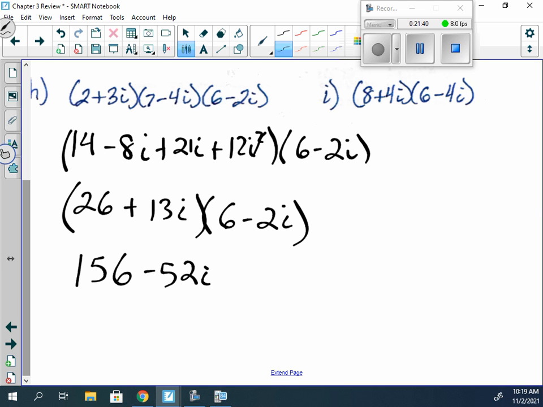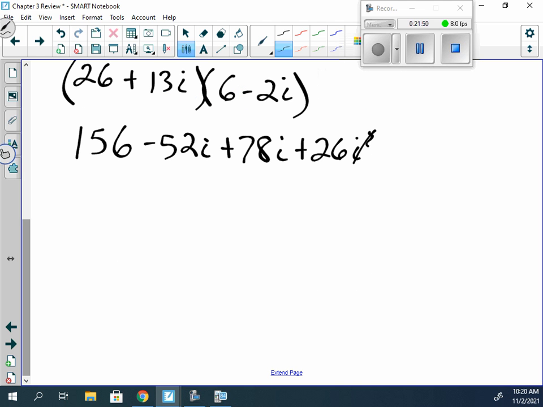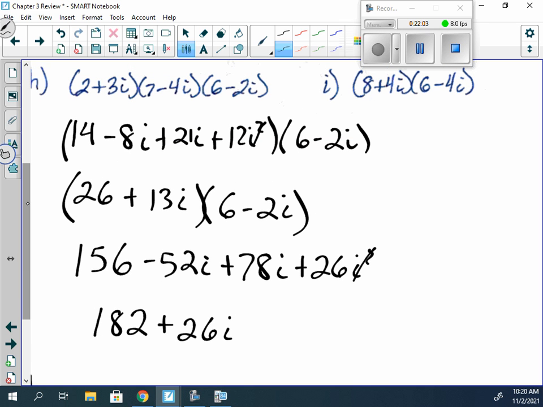Minus 52i plus 78i minus 26i squared. Well, that would cancel. 26, 6 and 6 is 2. 182 plus. Oh, yeah, that's it. I wrote down a 2 instead of 21. But that's it. I mean, the calculator will do the exact same thing.